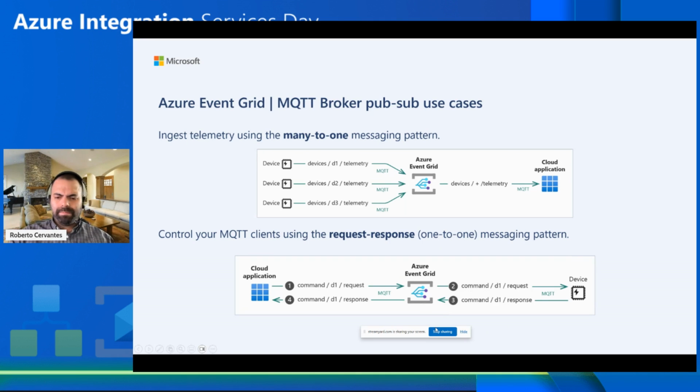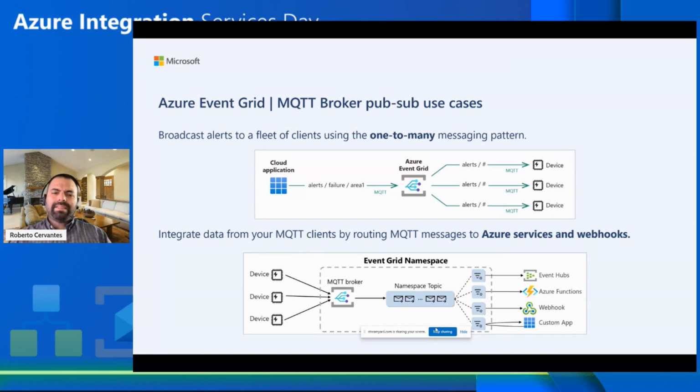This is part of the interactions. Another scenario that we are covering here is the possibility to let one cloud application start sending information. Imagine that we have this particular scenario where we have alerts for failure in a particular area, and we are sending this information to Event Grid, and we can segregate that into particular devices.